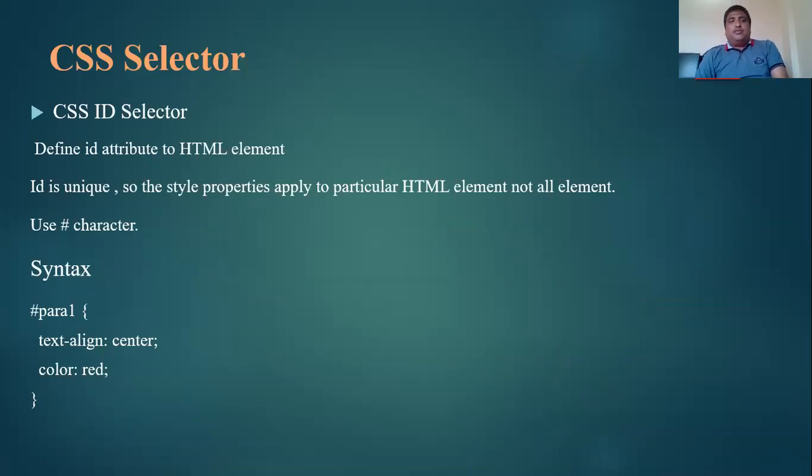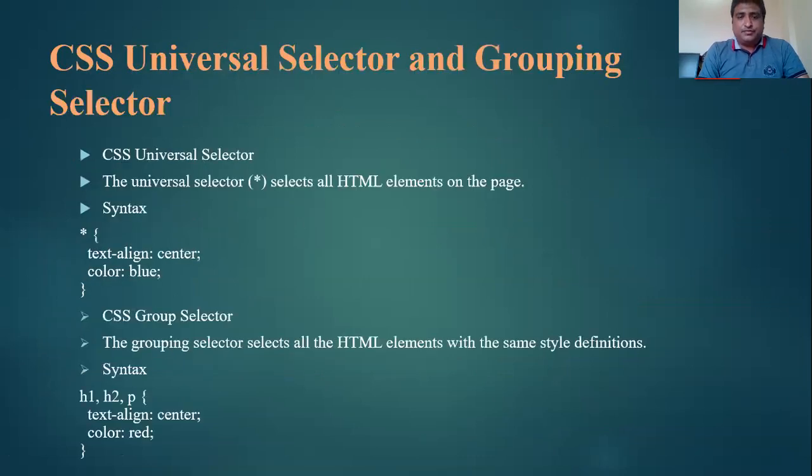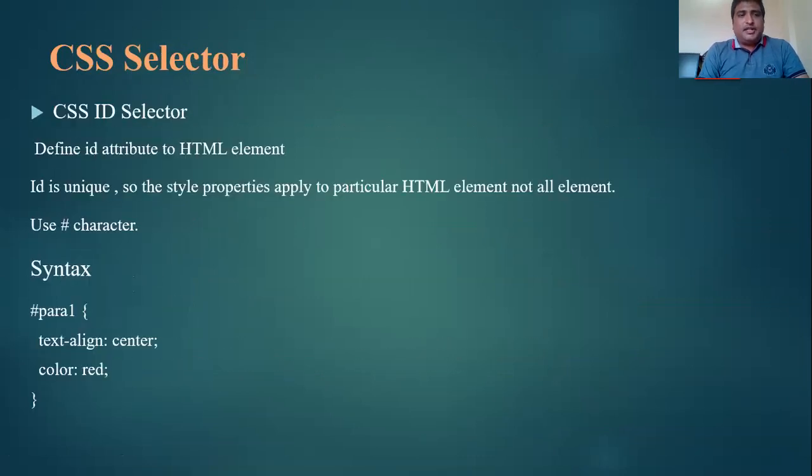Next important point is CSS selector. There are two types of selector. First one is ID selector and second one is class selector. So in ID selector, we define ID as a property. So define the ID attribute to the HTML element. ID is uniquely defined. So we can use the ID to write the style properties.